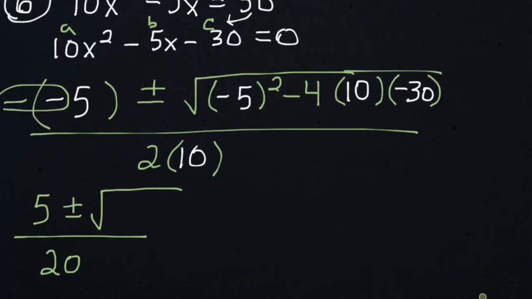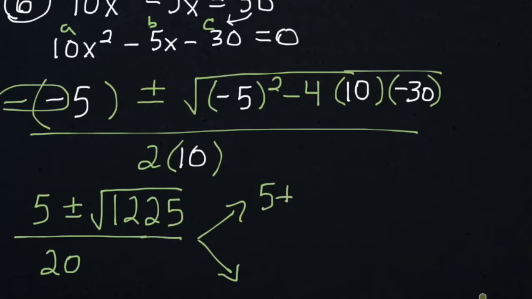Now, what's under the radical? I'd plug it in a calculator. I know I've got 25, and then that's going to be 40 times 30, which is 1,200. So it's 1,225. I'm going to check and see if that's a perfect square, because I don't have them memorized that high. So I take the square root of 1225. The cool part is, it is a perfect square.